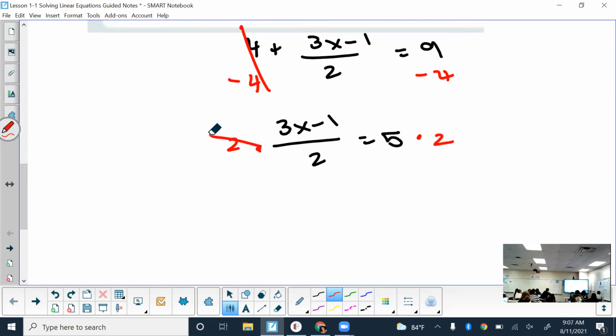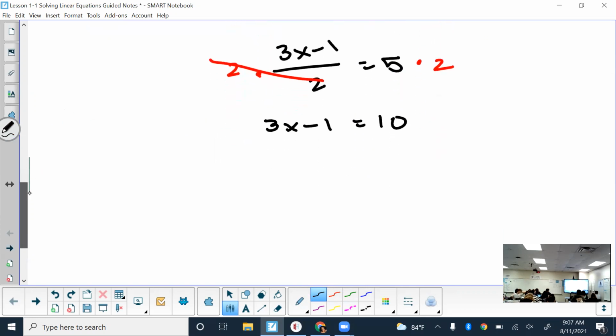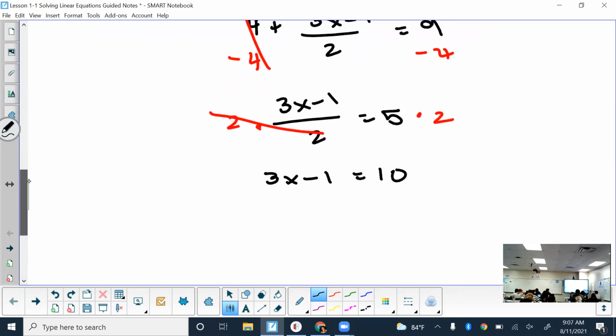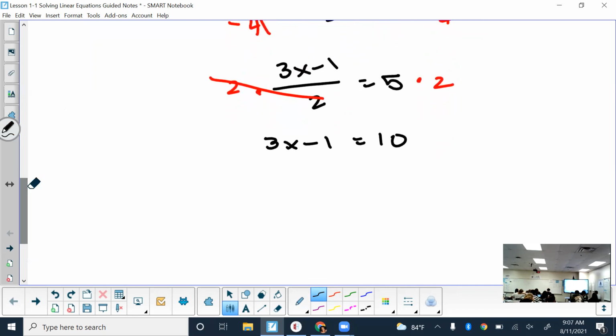On the left side, they should cancel, right? So it's cross simplifying, makes them cancel out. So on the left side, we just have 3x minus 1. On the right side, what's 5 times 2? Good. All right, now what do I do to get the x by itself?